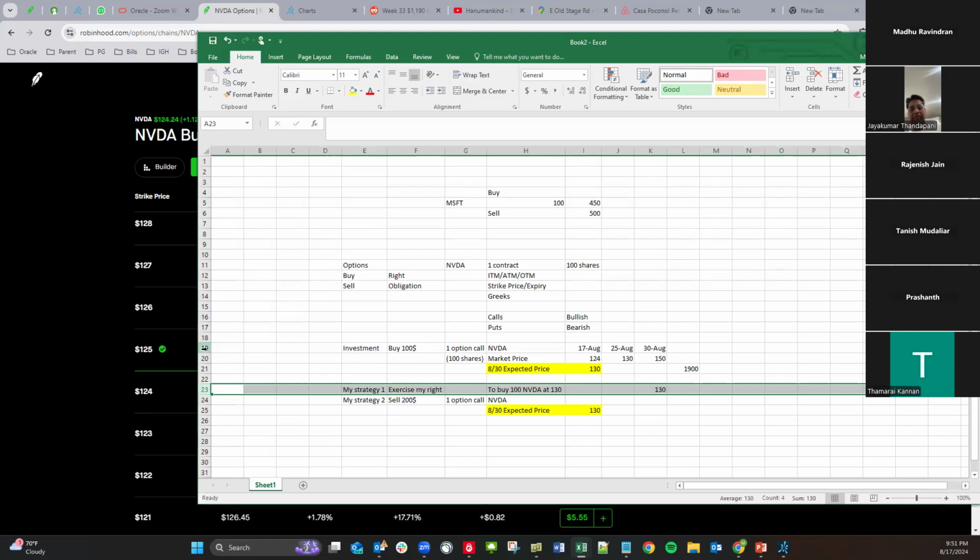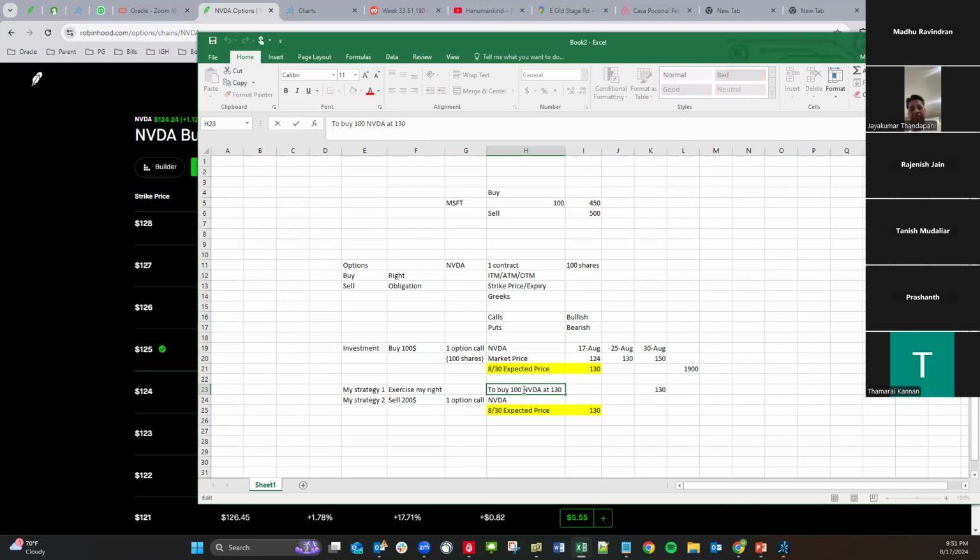But as a short-term investor, if you want to not hold a stock, I mean, NVIDIA probably is a stock which you can exercise and keep as a long-term. But if you are doing the same thing on any of the stocks which you don't want to hold as an investment strategy, that's not something you want to own long term.